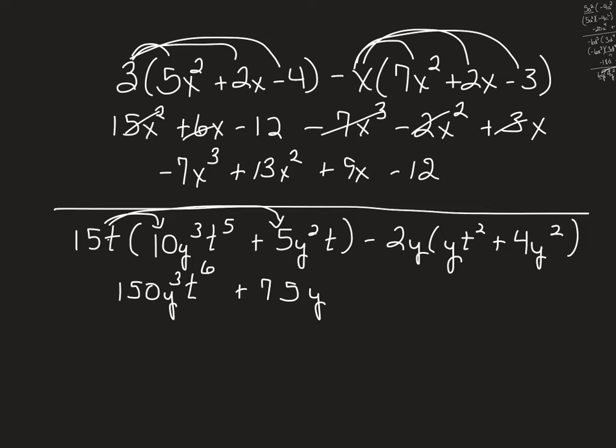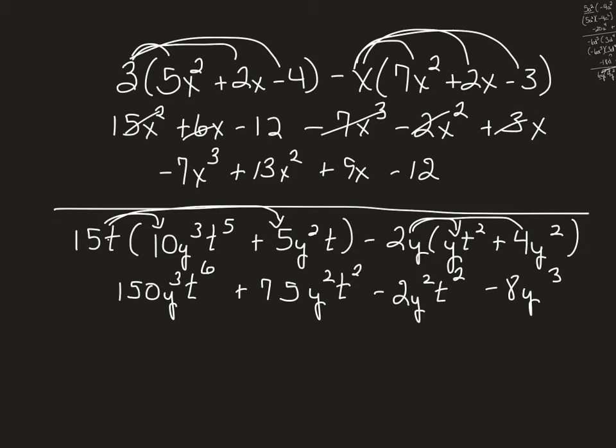Y squared t, 1 plus 1 is 2. Minus 2y times yt squared, so we're distributing the negative 2y, so we get negative 2y squared t squared. Negative 2y times 4y squared gives us negative 8y cubed.